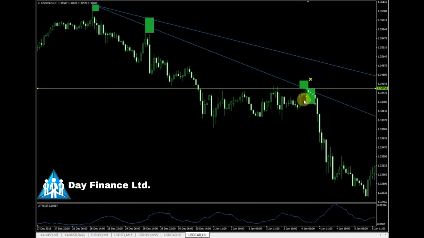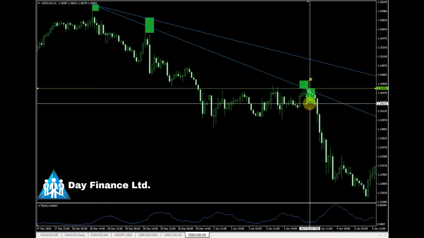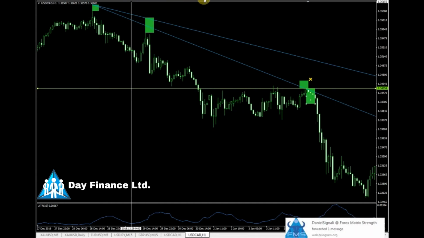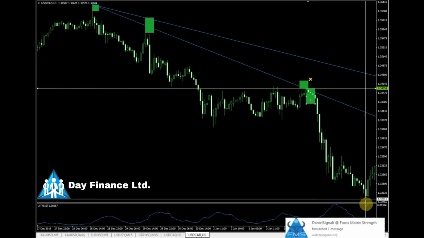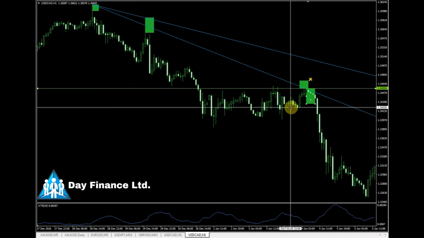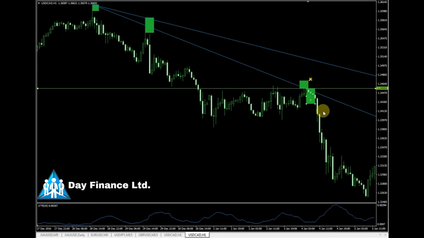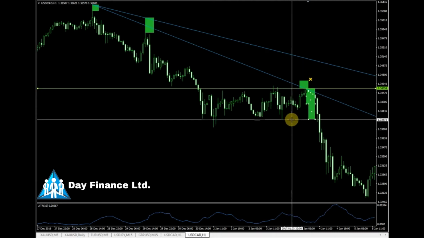My second will be here, because I just want to double it like that, and then I will make it 4 times for a third target.